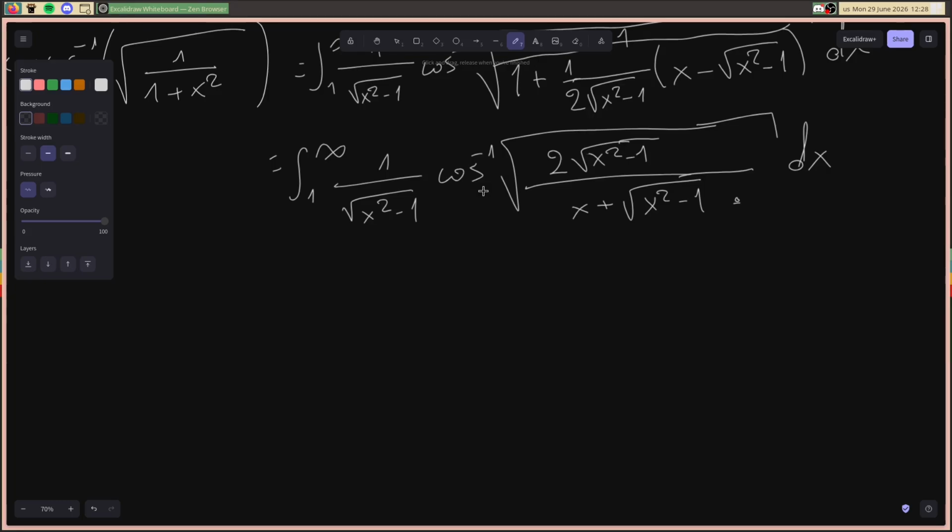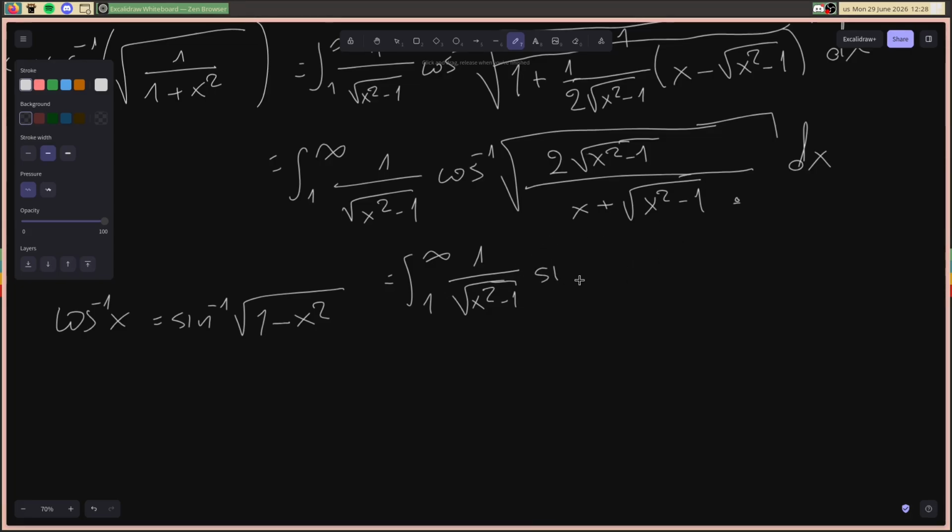Now again, this doesn't look very friendly, but we're going to use another inverse trig identity, that the inverse cosine of x is equal to the inverse sine of the square root of 1 minus x squared. So then we end up making this identity.